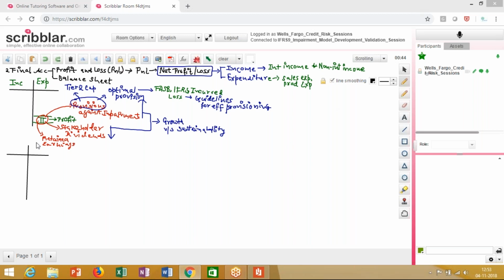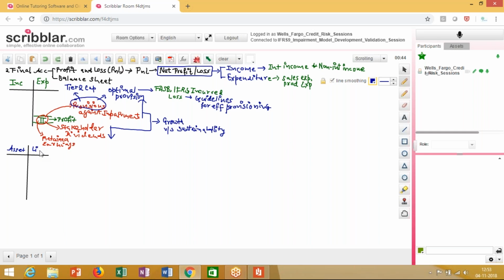Let's have a quick look at the balance sheet of a bank, and how it typically appears. You have the assets and you have the liability.